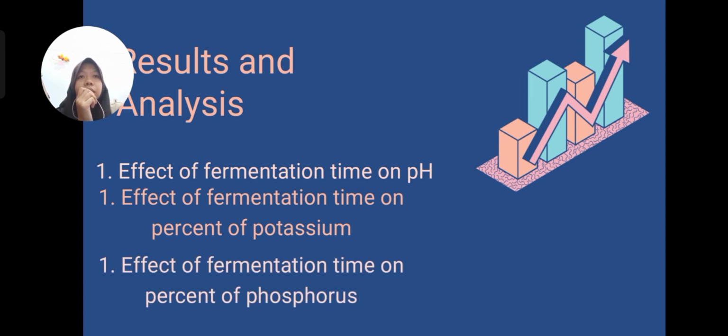And number 3, the effect of fermentation time on the presence of phosphorus. The phosphorus content is strongly influenced by the length of fermentation time and the volume of EM4.